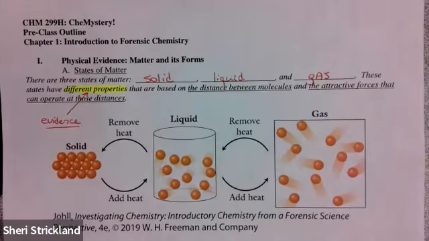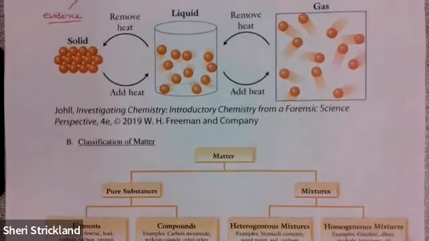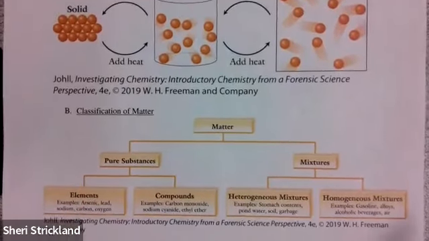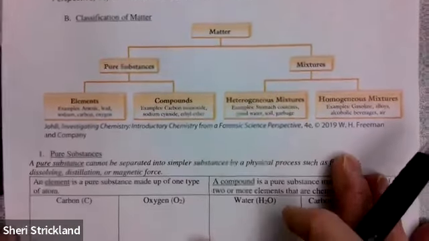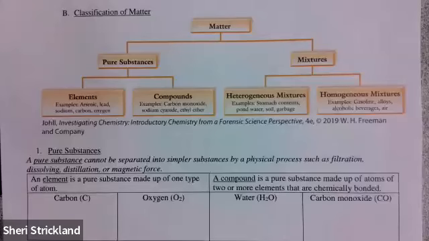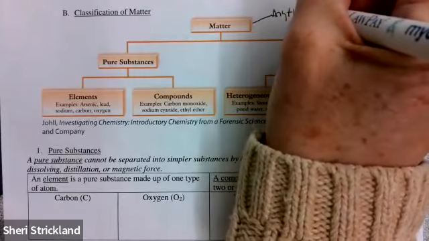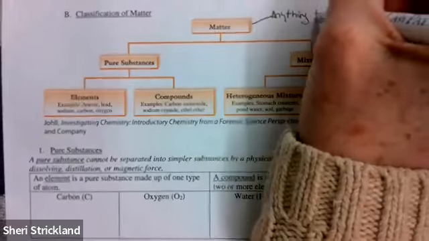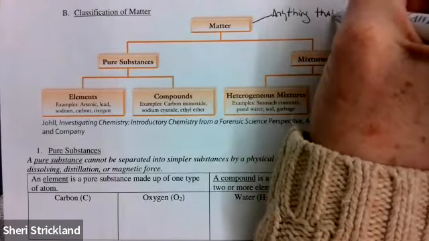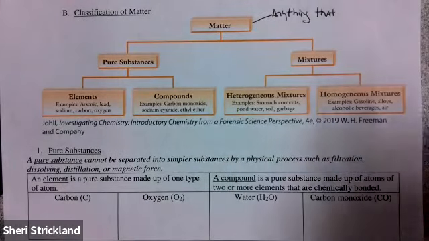Okay, so let's talk about not just state of matter, but classification of matter. Now, matter is defined as anything that has mass and takes up space. Now, it could be invisible to just our eyes. You might need a microscope.